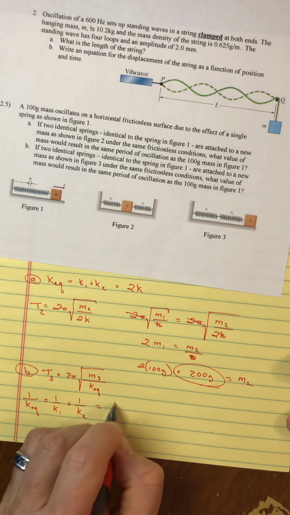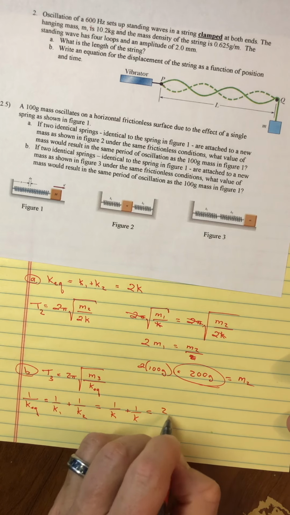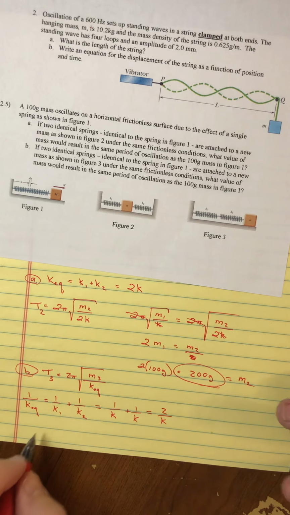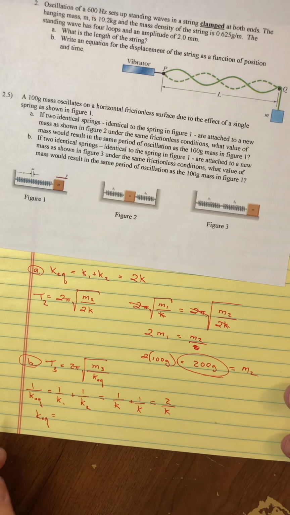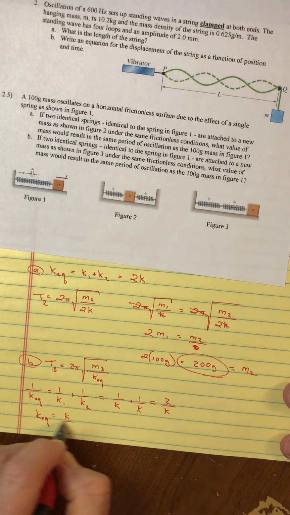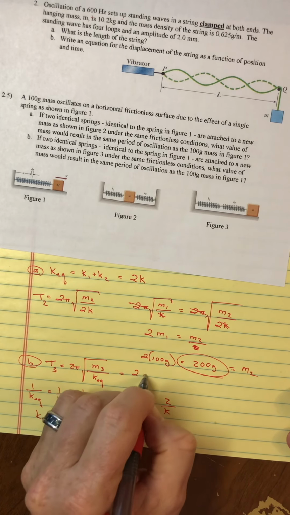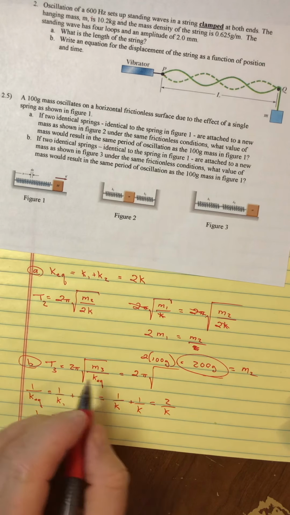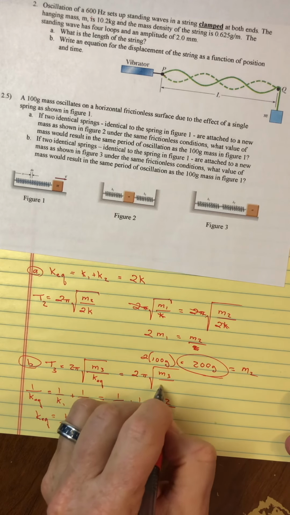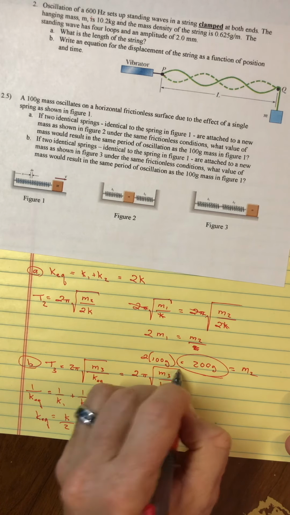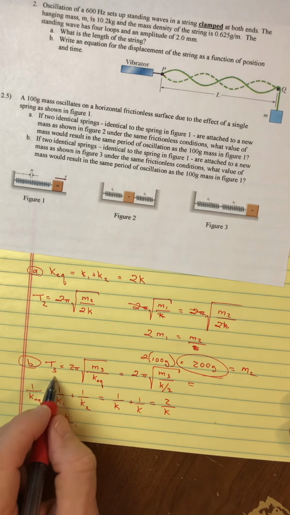Since these are identical, this would be 1 over k plus 1 over k, which is 2 over k. When you flip it, the effective k value becomes k over 2. So putting that up here, this would be 2 pi over the square root of mass number 3 over this effective k, which would be k over 2. And that would be the period of number 3.